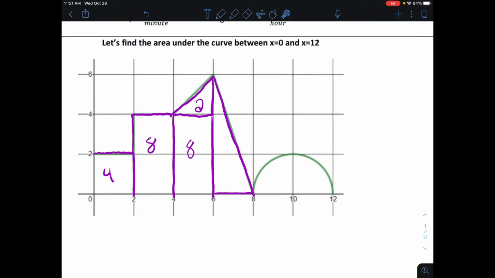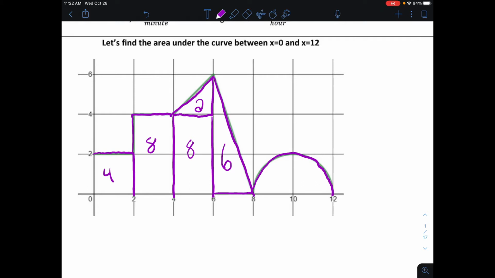Now we're here for this next triangle, 1/2 base times height. We have a base of 2, a height of 6, so 1/2 times 2 times 6, I get an area of 6. And then now we're here on this semicircle, where the area of that semicircle would be pi r squared divided by 2.